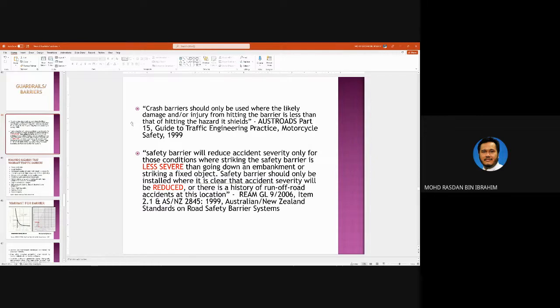So a safety barrier will reduce accident severity only for those conditions where striking the safety barrier is less severe than going down an embankment or striking a fixed object. So on top of shielding a hazard, it is also used to make a barrier across an embankment.